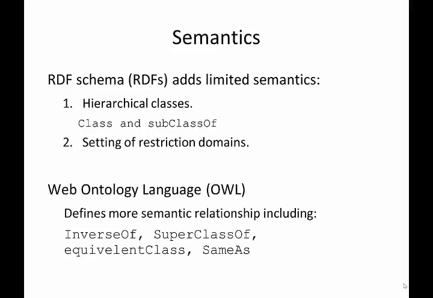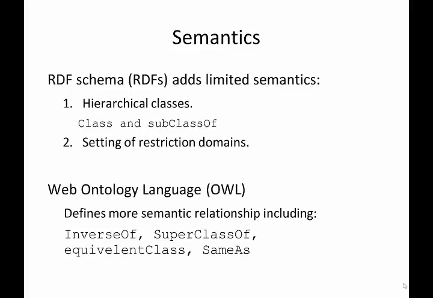So RDFS adds some additional semantics: full class structures, and also restricted domains for values, just like in a relational model, where your values can only be between, say, 0 and 100 for a percentage. So RDF and the extension RDFS define a limited set of predefined relationships. If you want a much richer semantic description language, you need to use OWL. An OWL namespace includes definitions like inverse of.